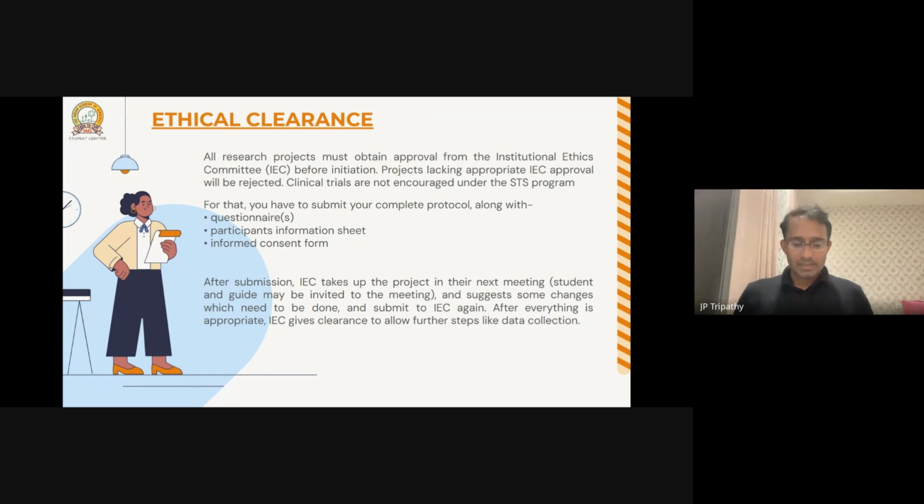That undertaking can be given by your guide, because it is also required when you are submitting the online form. I think most of you will not have an IEC clearance now, so you will need an undertaking from the guide. Next.